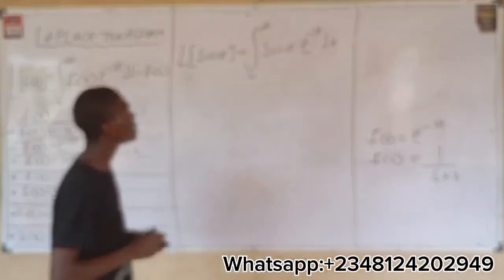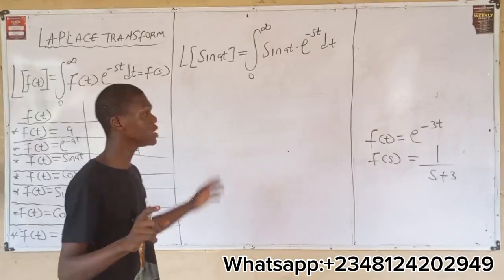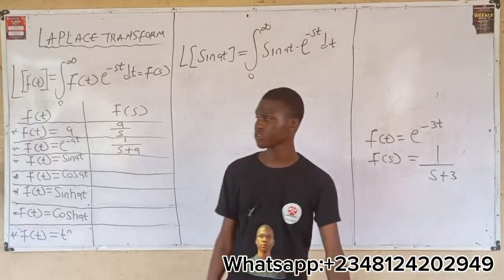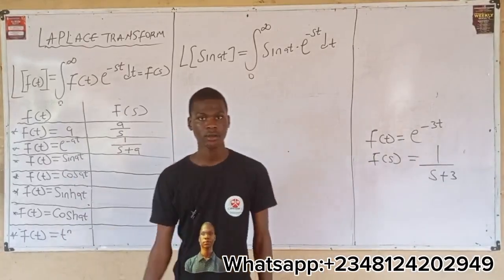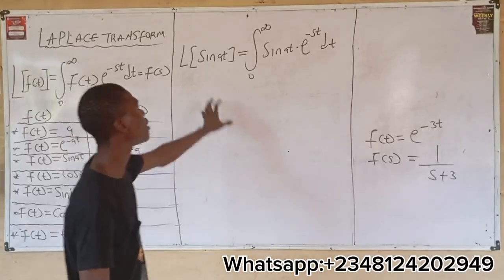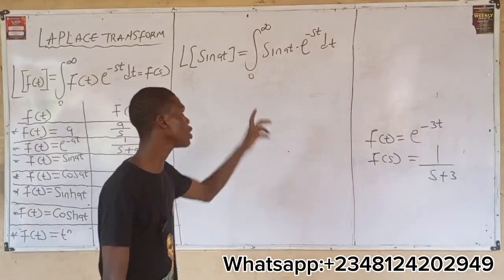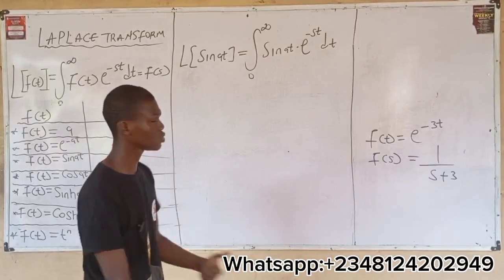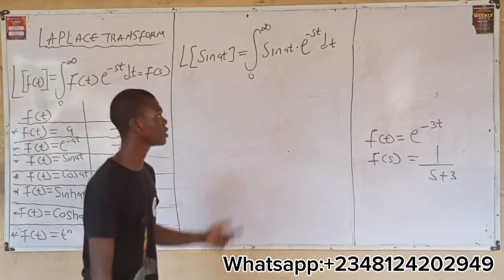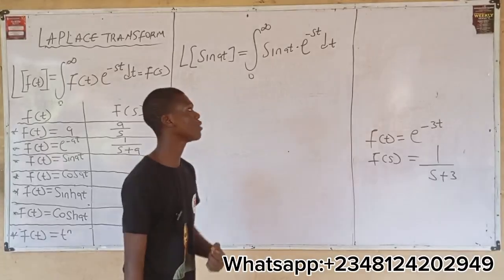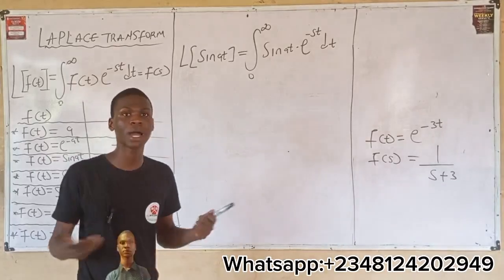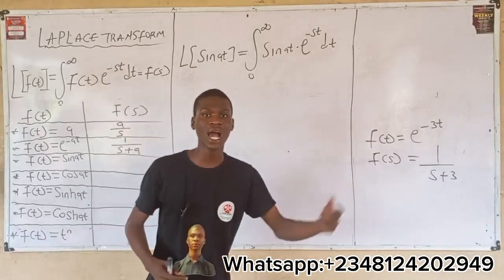Once I'm done with this integral, whatever answer I get becomes the Laplace transform of sine at. So your next step is to evaluate this integral. How do you go about this? Let's bring it back to integration. What technique of integration am I going to use? Integration by parts, where we say u and dv.